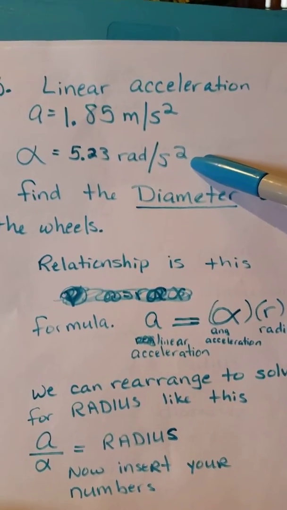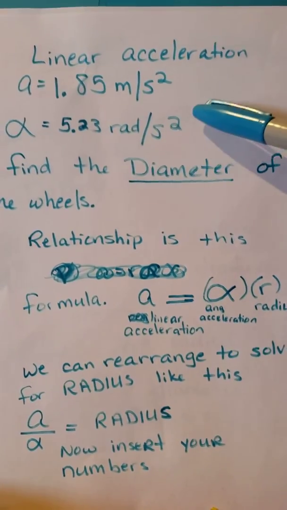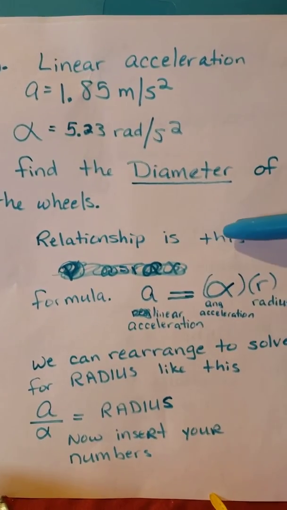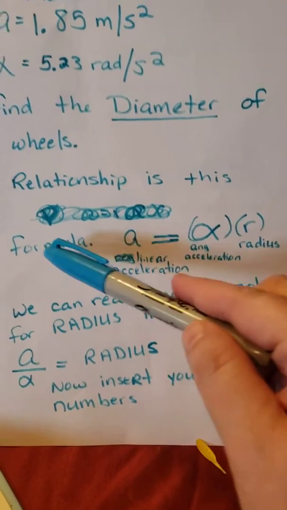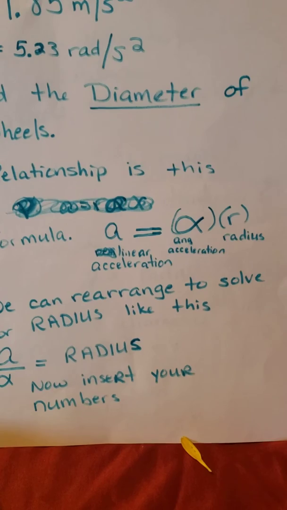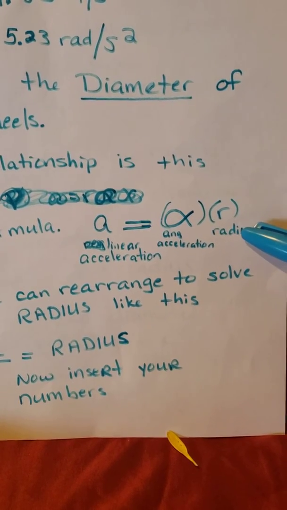Our angular acceleration, the one that looks kind of like a Jesus fish, is right here. And now we have to find the diameter. So what's the relationship? Well, obviously I messed up the first time. The formula for the relationship is linear acceleration is equal to angular acceleration times the radius.